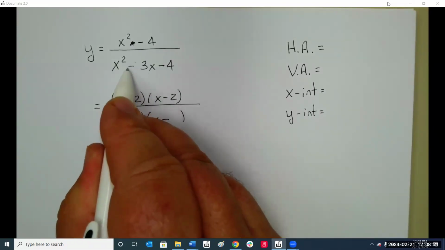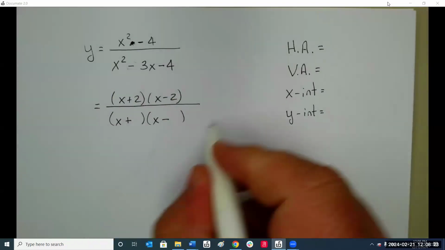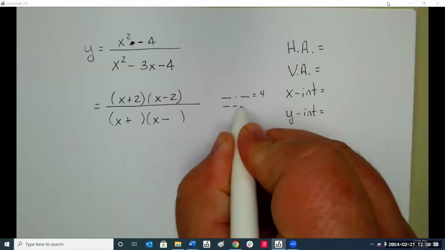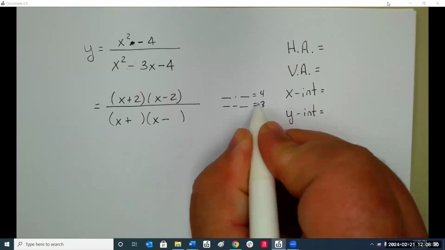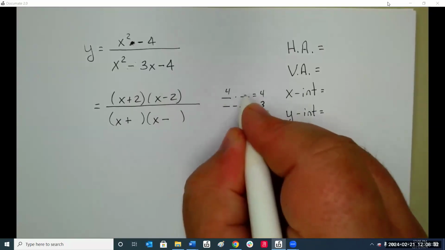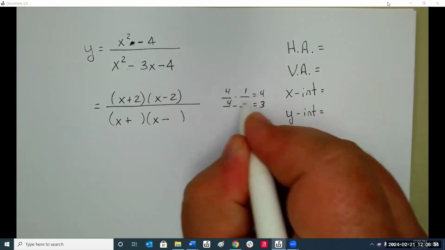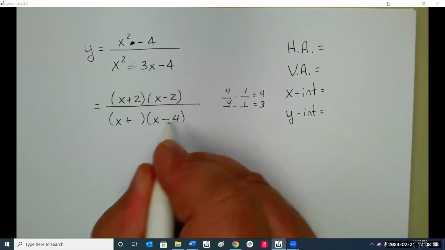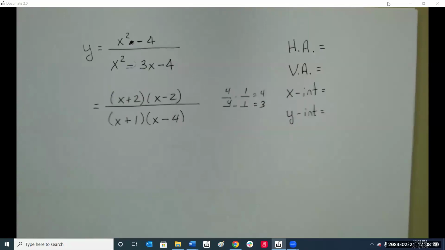The bigger number gets a negative. What times what is 4, and when you subtract them, you get 3? Yeah, 4 times 1, 4 minus 1. And the bigger number gets a negative. Right.